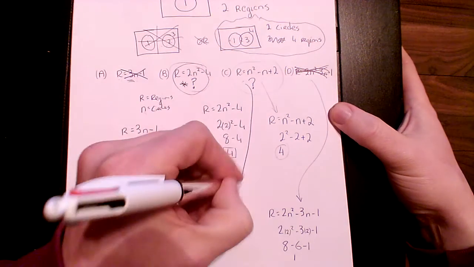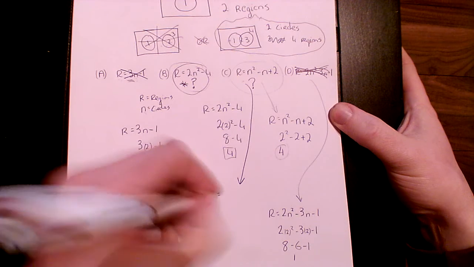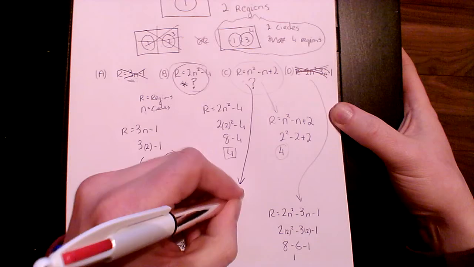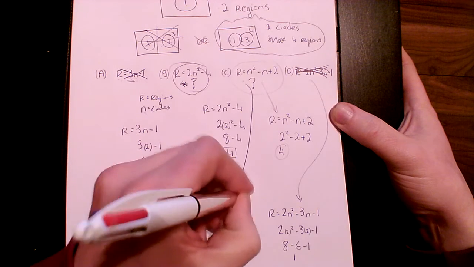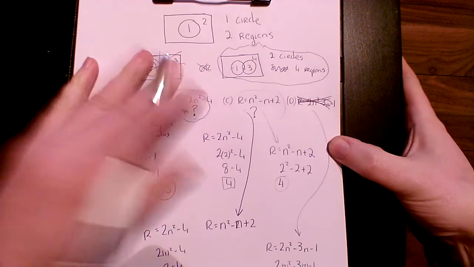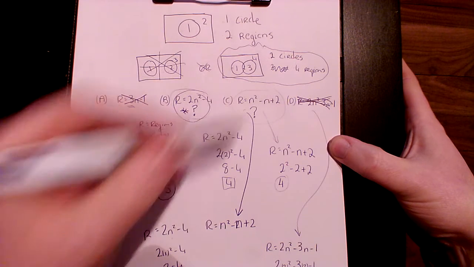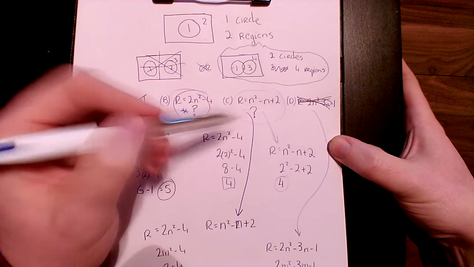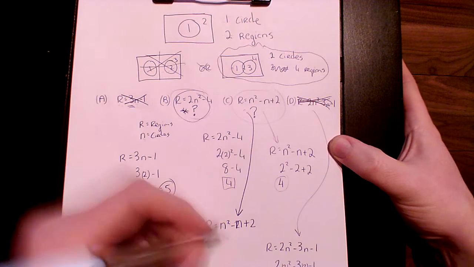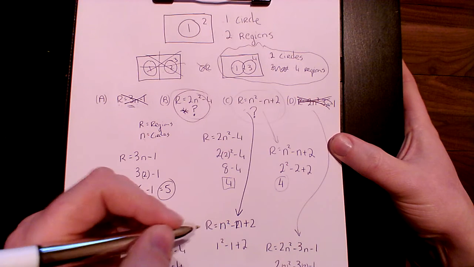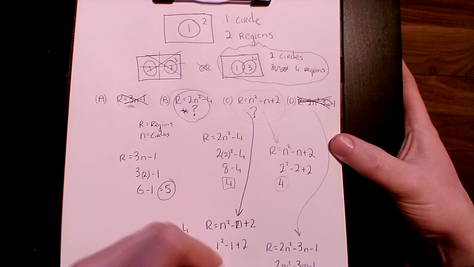So let's see. R equals n squared minus n plus 2. We will put in 1 for n. If this equation is right, it should spit us out 2. 1 squared is 1, minus 1 plus 2. 1 minus 1 is nothing, so plus 2.